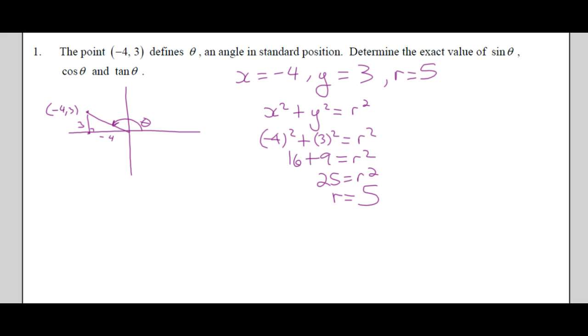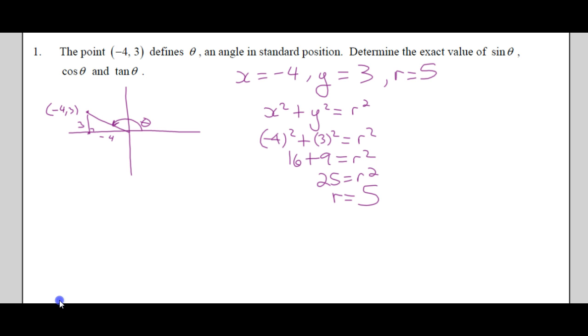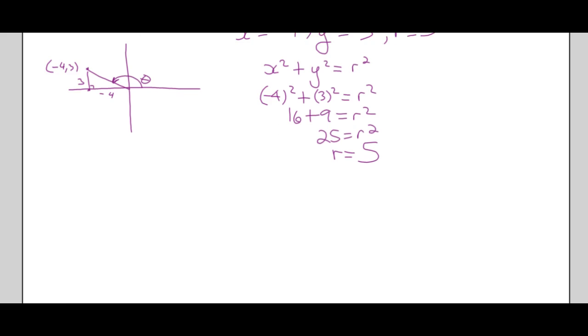So our r value is always positive, because r is a distance from the origin to the point on the terminal arm. x and y depend on where you are. Here, x's are positive, y's are positive. Here, the x is negative. All right, so we need to get sine theta, cos theta, tan theta.